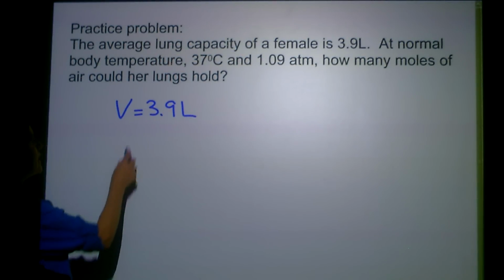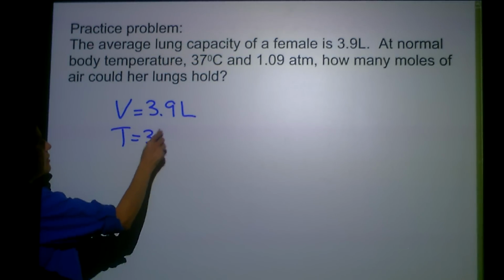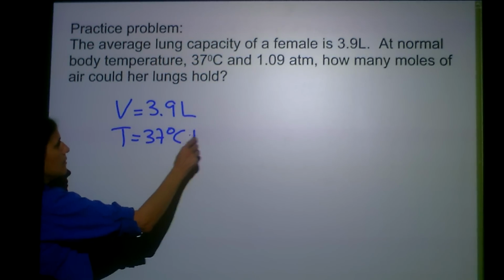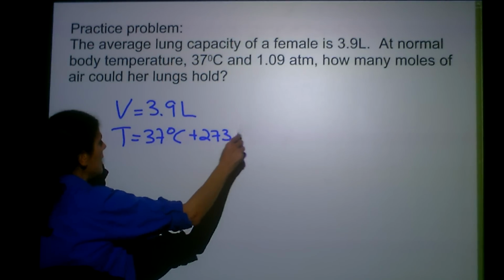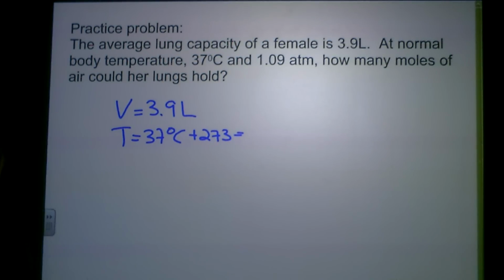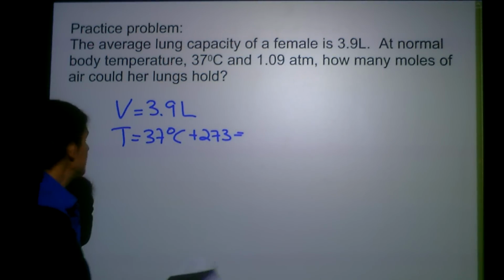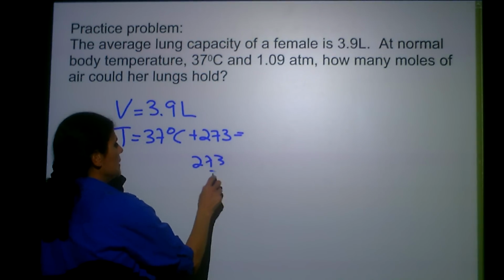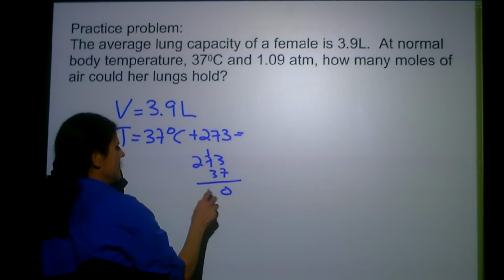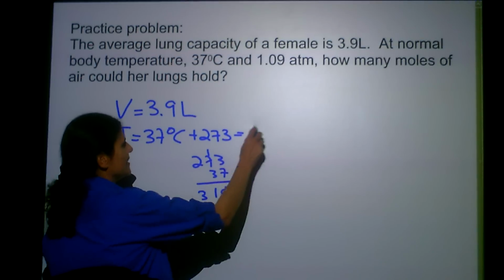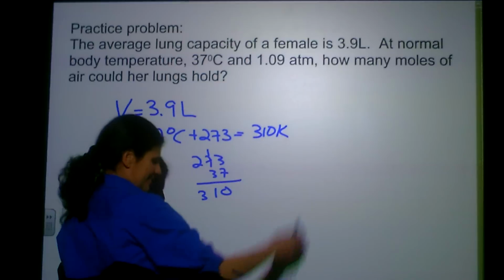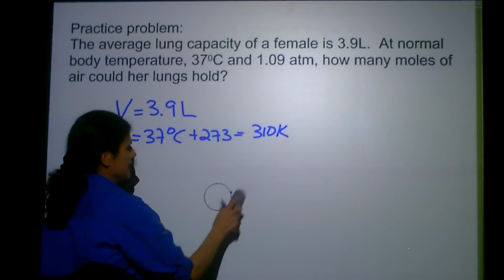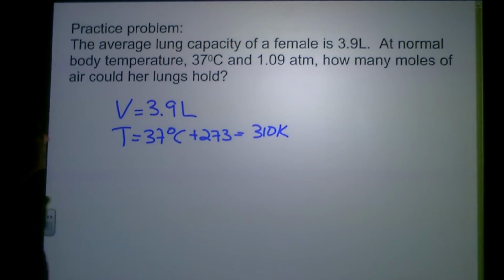And a normal body temperature is 37 degrees C, and I'm going to add 273 to that, 273 plus 37, and get 310 Kelvin.